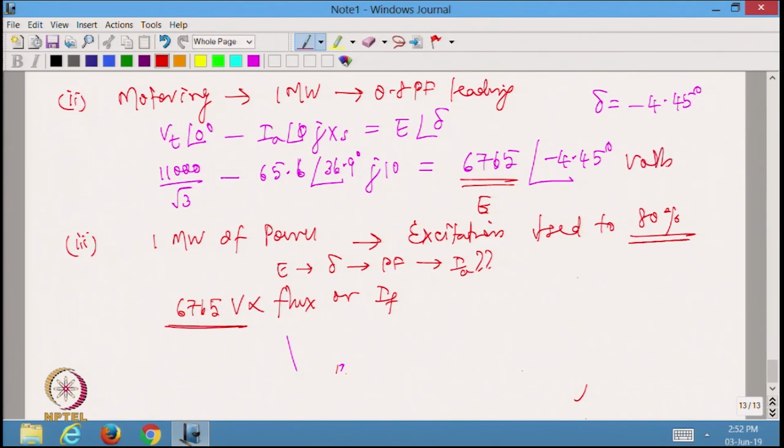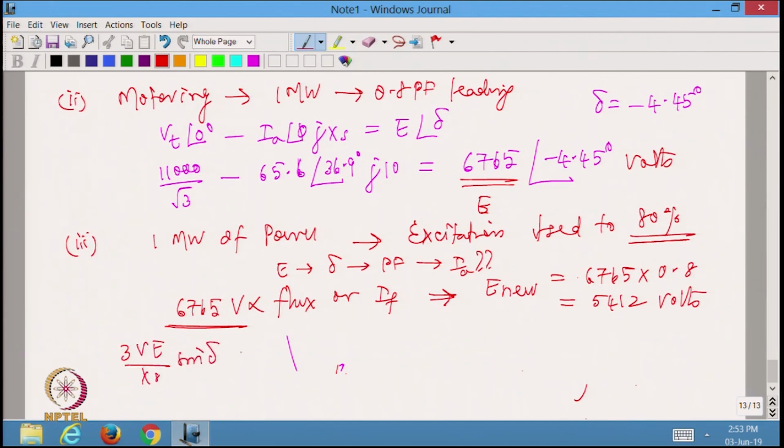When it is 80%, E new is going to be 6765 multiplied by 0.8 volts. So, that comes out to be 5412 volts.